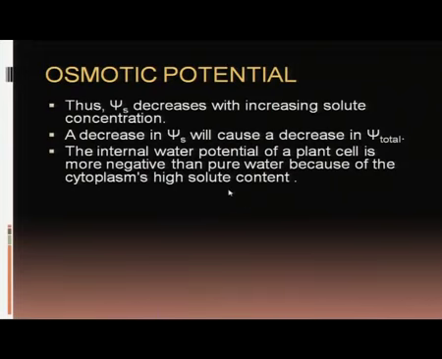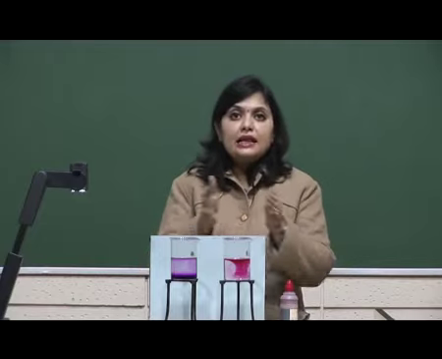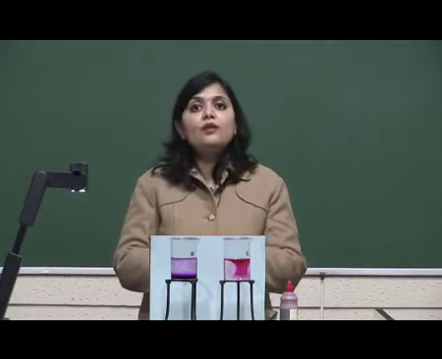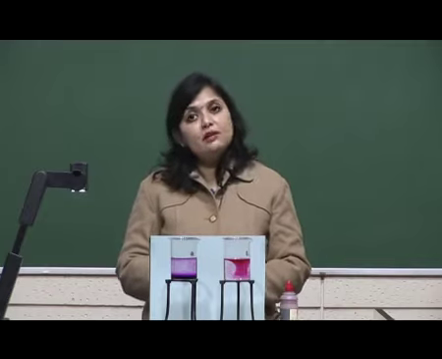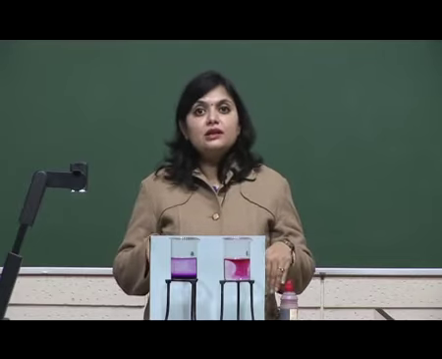The cell has many solutes, so the more solute there is, the lower the water potential. So, obviously, inside a cell, the solute potential is lowering the total water potential of the cell because of the presence of solute, which is not there outside the membrane, in the pure water.